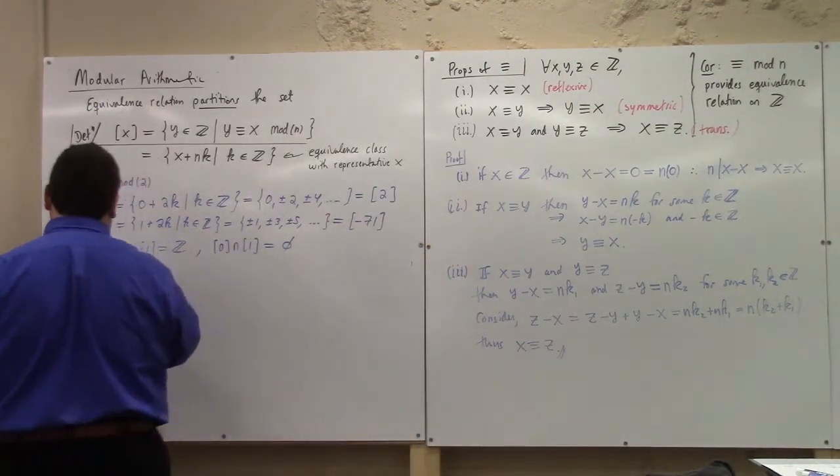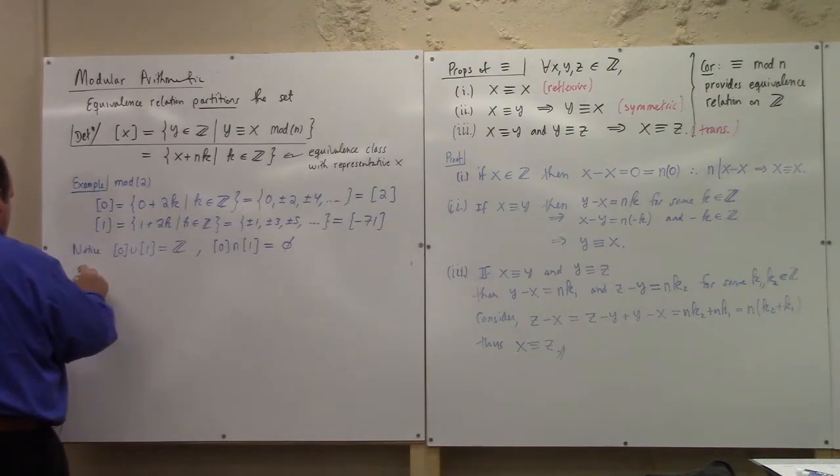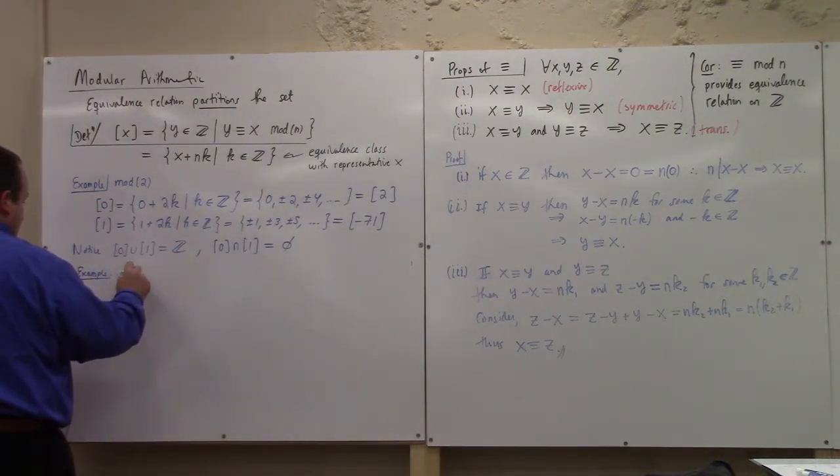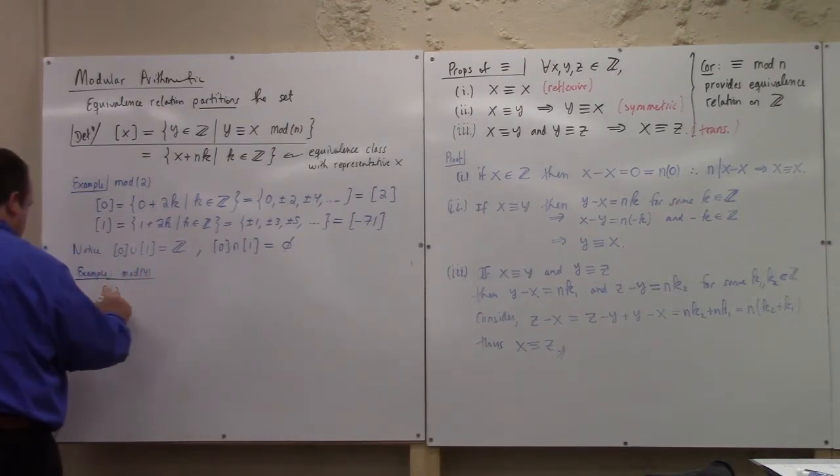So another example, mod 4. You've got yourself 0, 1, 2, and 3.